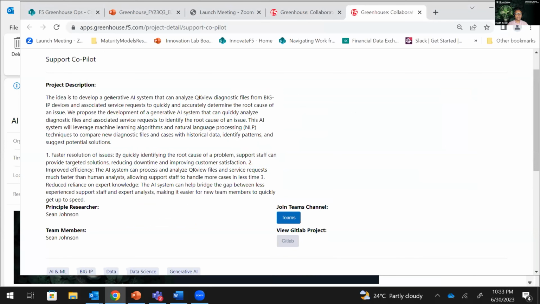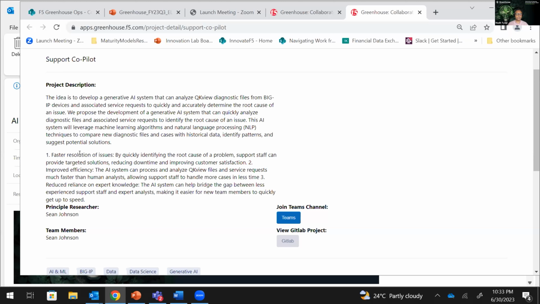Okay, so the idea is to develop a generative AI system that can analyze QKView diagnostic files from BIG-IP devices and associated service requests to quickly and accurately determine the root cause of an issue. This AI system will leverage machine learning algorithms and natural language processing techniques to compare new diagnostic files and cases with historical data, identify patterns, and suggest potential solutions.